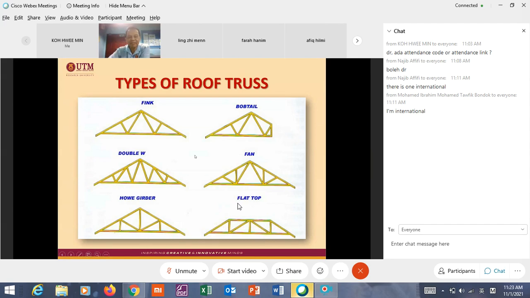The difference is that for big trusses the members are bigger and the connections are normally big connections.